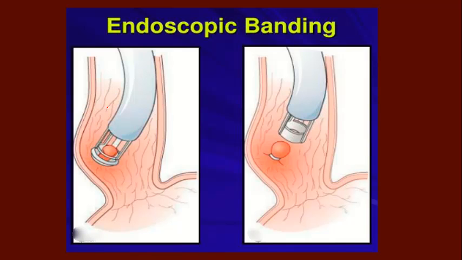It uses a multi-shoot banding device, which is not commonly done for gastric varices, where banding is difficult in the retroflex position. The banded varices thrombose and then slough off, leaving small discrete ulcers.